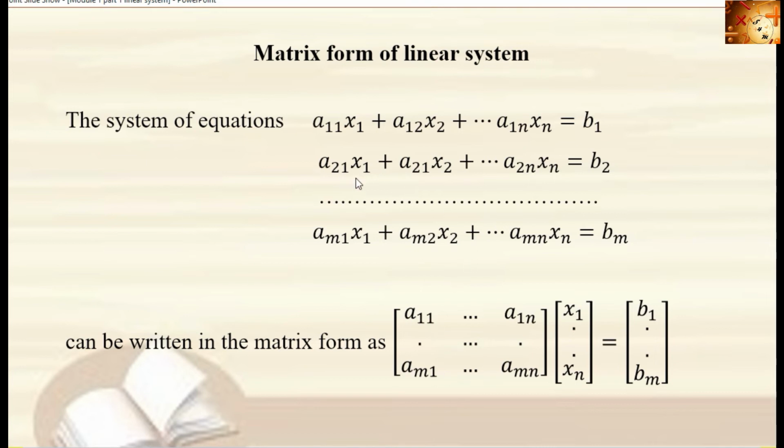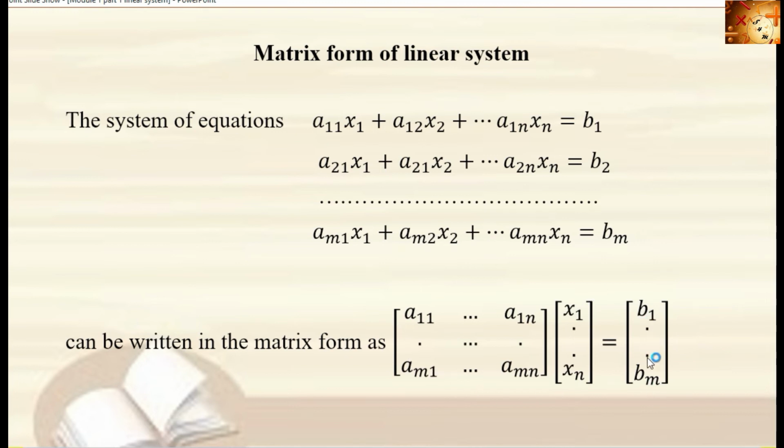Then write the matrix corresponding to the variables. Here there are n variables, so write it as a column matrix x1, x2, etc. xn. So these are appearing on the left side of the equation. Then equal to. Next, on the right side of the equation we have b1, b2, etc. bm. Write in a column matrix, that is b1, b2, etc. bm.